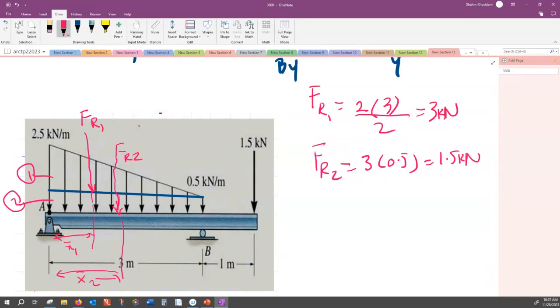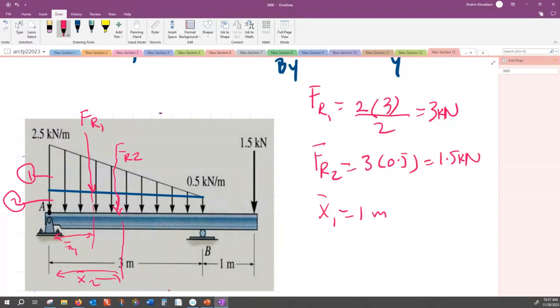Okay, and who can tell me what is X bar 1? That is the centroid of this triangle with respect to x0 is here. So that is 1/3 from the base, right? 1/3 from the base. The base is 3 meters. 1/3 is 1 meter. So X bar 1 is 1 meter.